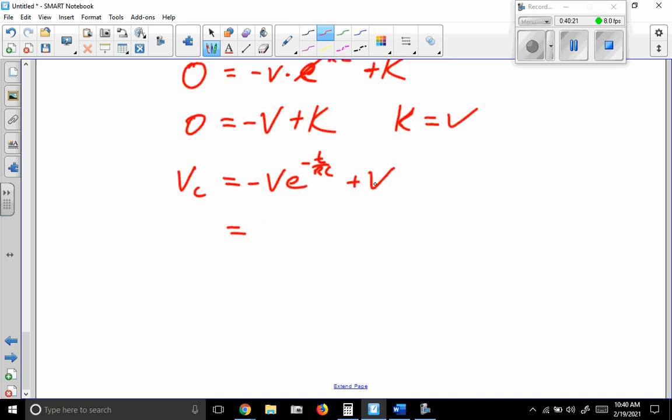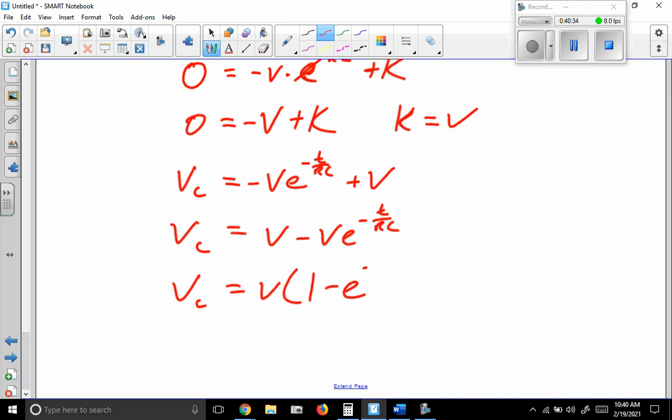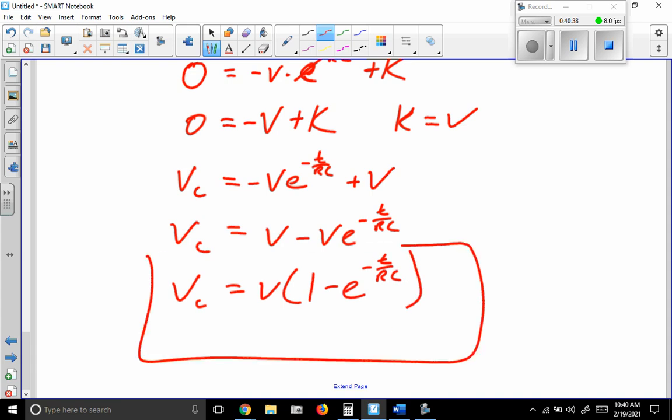Or we could rearrange that. Let's call that V minus V e to the negative t over RC. We could factor out V, and that's V times 1 minus e to the negative t over RC. So this is the generic formula for our voltage across the capacitor.